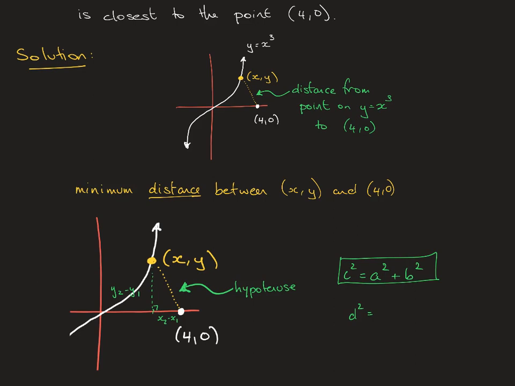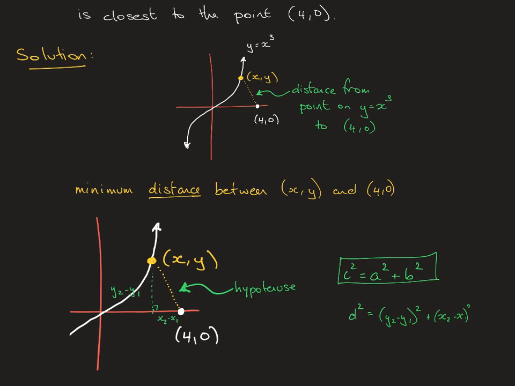So our distance formula using Pythagoras, with d for distance, is d squared equals (y2 minus y1) squared plus (x2 minus x1) squared.